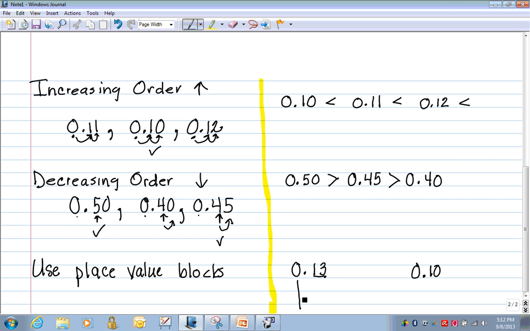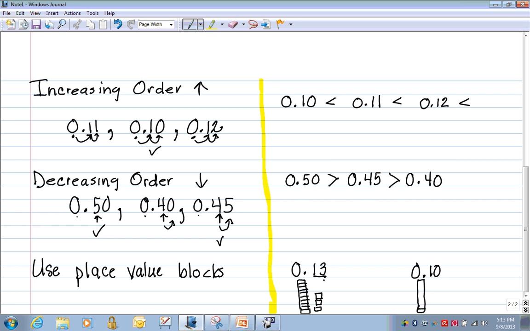I can draw 10 blocks and divide into 10. 1, 2, 3, 4, 5, 6, 7, 8, 9. I need one more. 10 plus 3. 1, 2, 3. Over here I have 10, so I can draw 10 blocks.